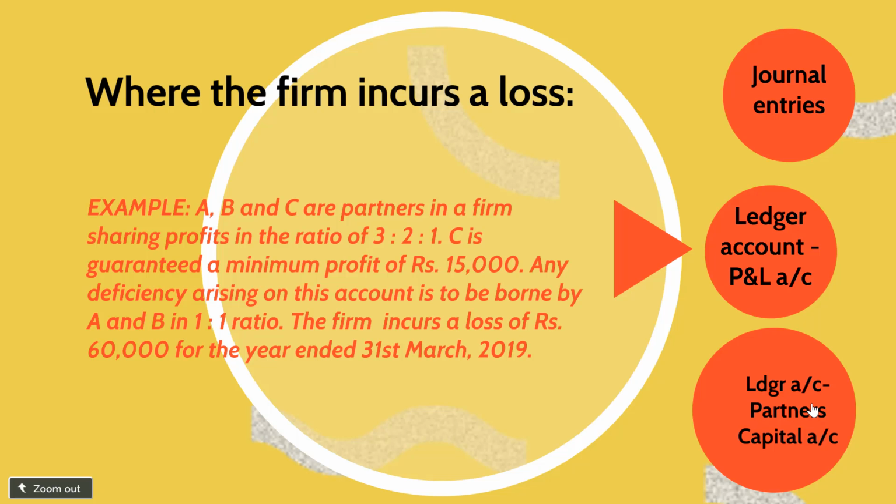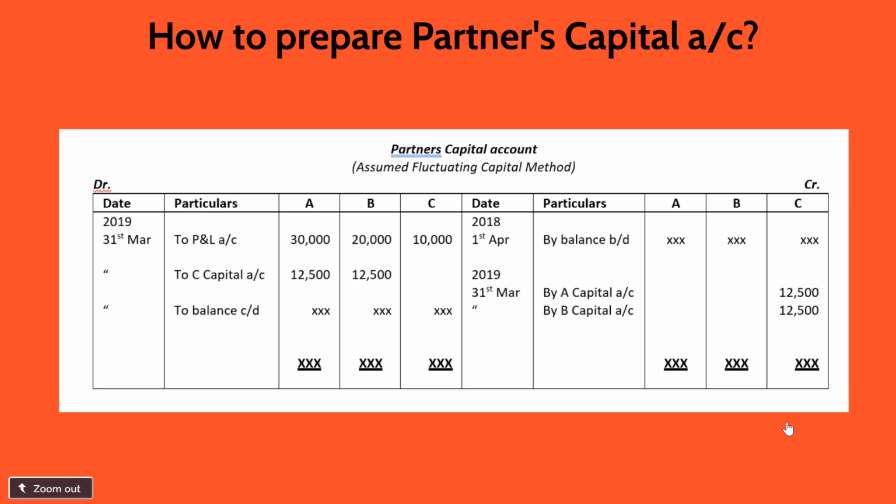Next, the ledger account, which is the partners' capital account. Apart from bringing down the balance of the partners' capital account, we need to distribute the loss to the partners' capital accounts.